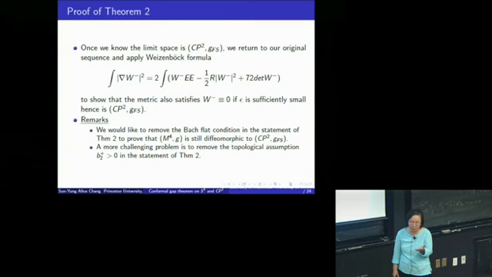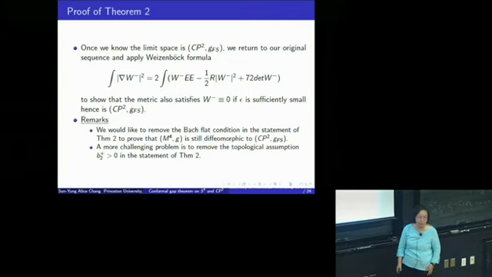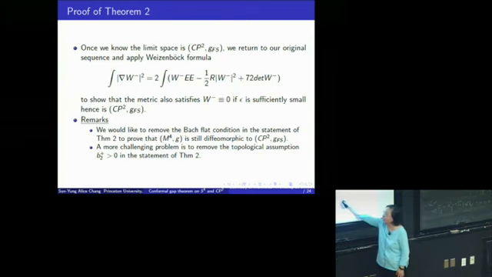So the hope is to remove the Bach-flat condition but still prove the theorem. In that case, one cannot expect the manifold to be conformally equivalent to CP2, but one hopes the manifold is still diffeomorphic to CP2. So that's the step we are working on, using the flow method to replace the Bach-flat condition.